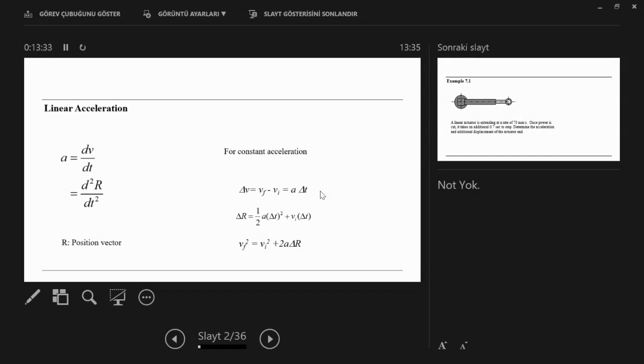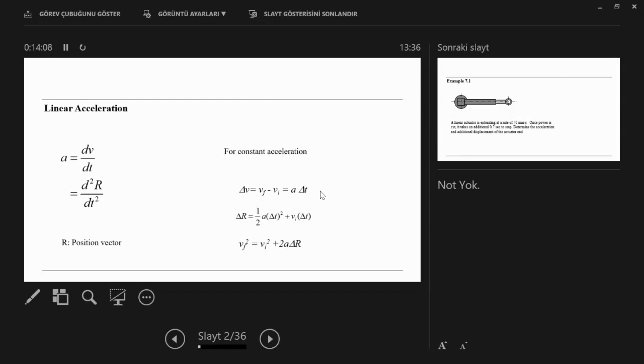Let's use these equations here. Vf squared is equal to Vi squared, initial speed squared, plus 2a delta r, and we are looking for delta r. So Vf, the final speed, is 0. The initial is how much? The initial is 17.